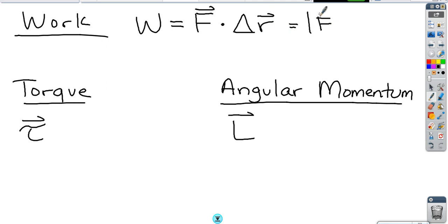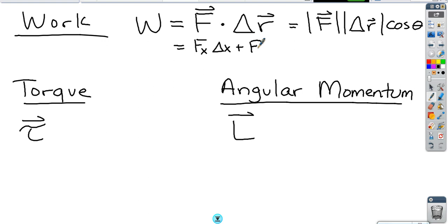You could figure out the magnitude of F times the magnitude of r times the cosine of the angle between them, or you can find out the components if you had it in component notation. So this would be Fx times delta x plus Fy delta y plus Fz delta z.